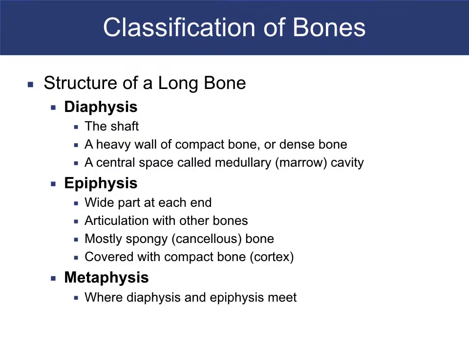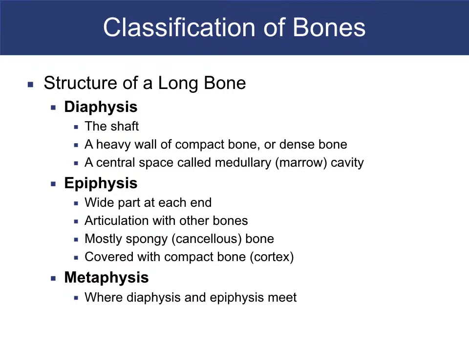The epiphysis is the wide part at each end. These form separately, and they form from cartilage. They are what articulates with other bones. It's mostly spongy bone. We call that cancellous bone, and it's usually covered with a thin layer of compact bone around the outside top. And then there's a little cartilage on top of that, hyaline cartilage, by the way, which articulates with the next bone down.